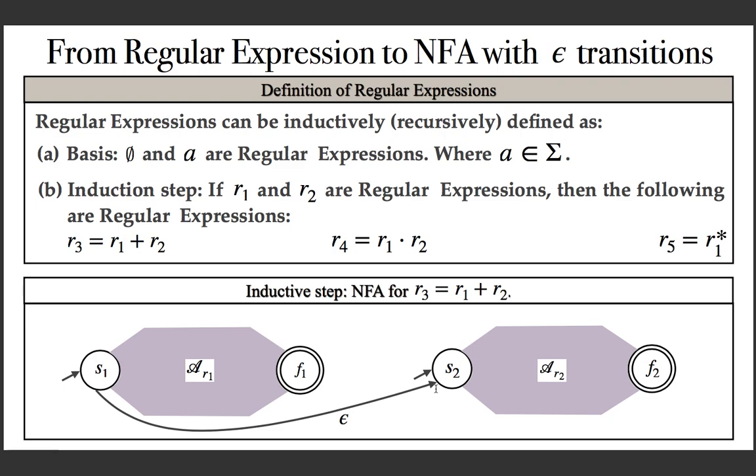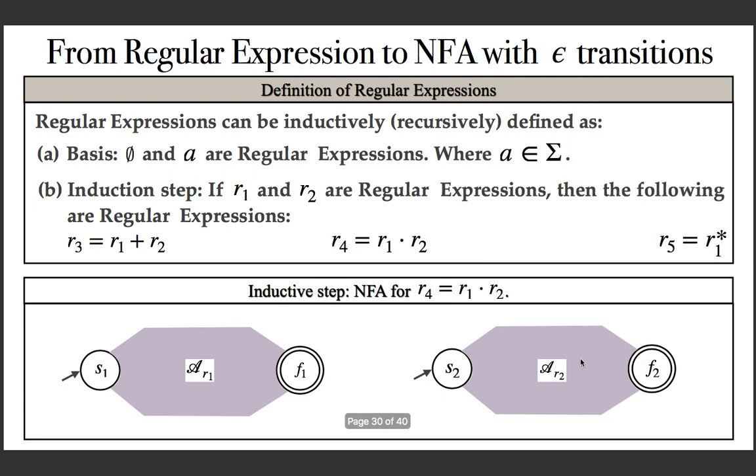Thus this new NFA accepts if and only if either the first NFA accepts or the second NFA accepts. And one can prove the correctness of this construction, that the language is precisely the language of R1 plus R2, by applying the method of mathematical induction. So observe it and see the language, and thus we have a way to obtain the NFA for R1 plus R2 from the NFAs for R1 and R2.